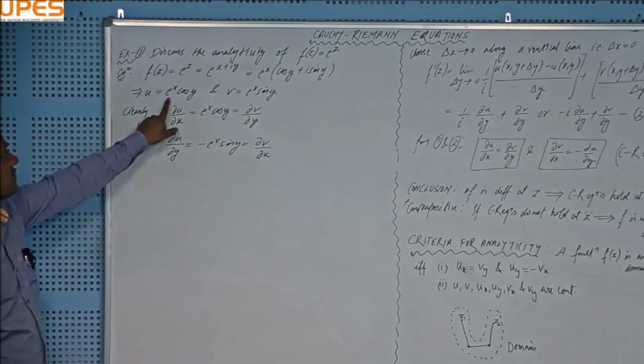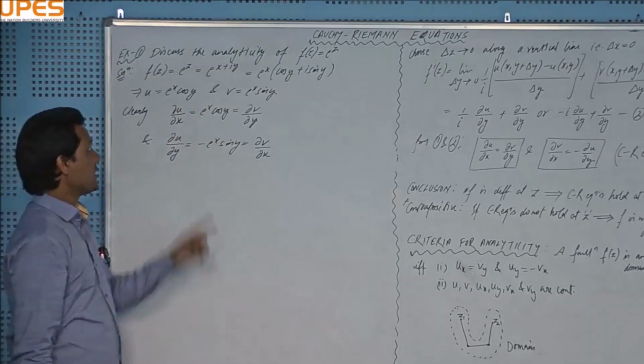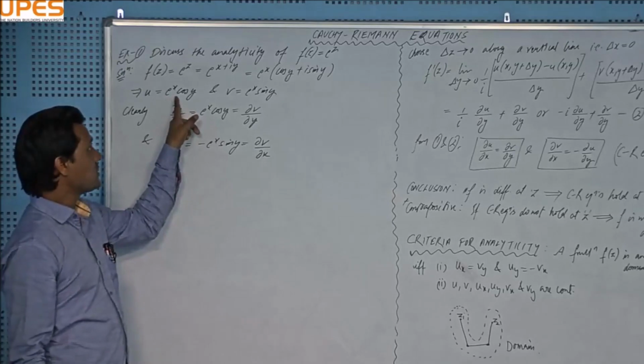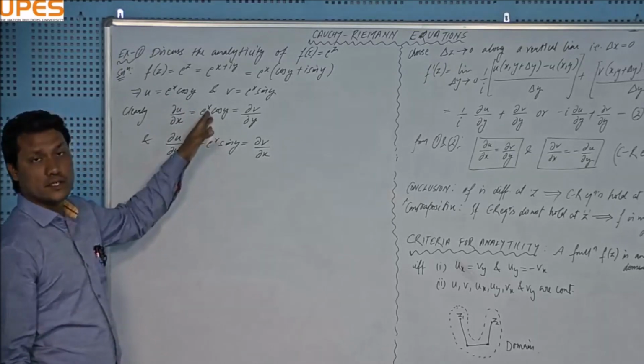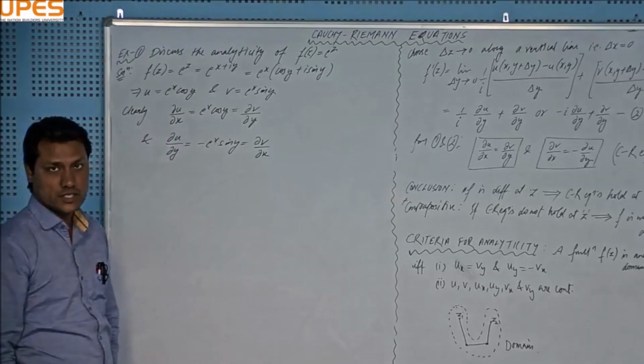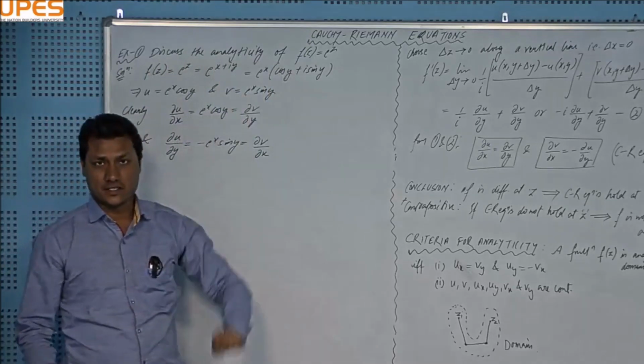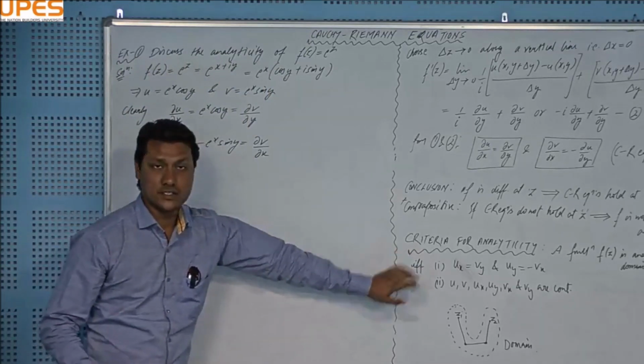You can see that every u and v, and these partial derivatives, are continuous. The exponential function is continuous, cos is continuous, and the same thing here, right? It means all these partial derivatives and u and v are continuous, right? So we can say that the function is analytic, based on this criteria, right?